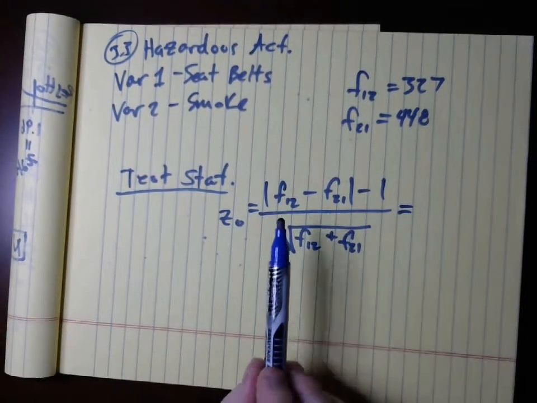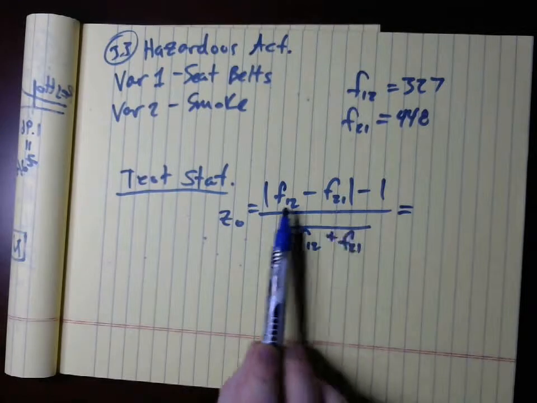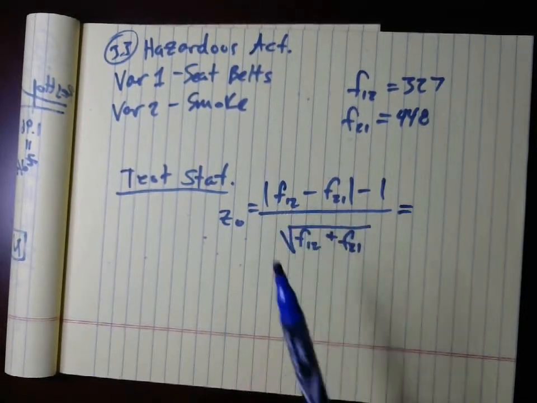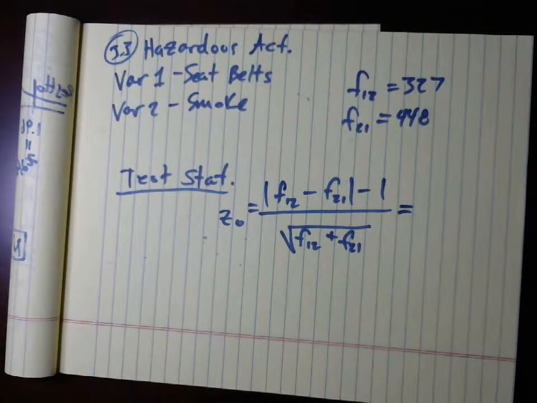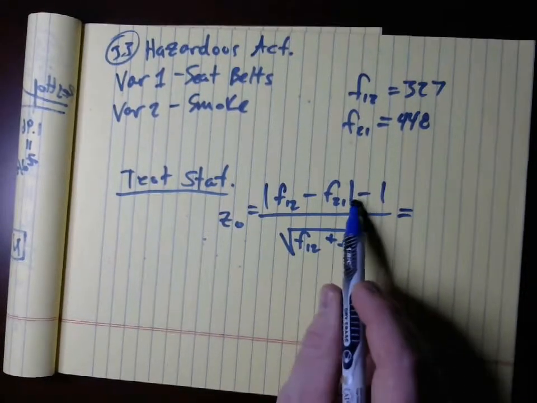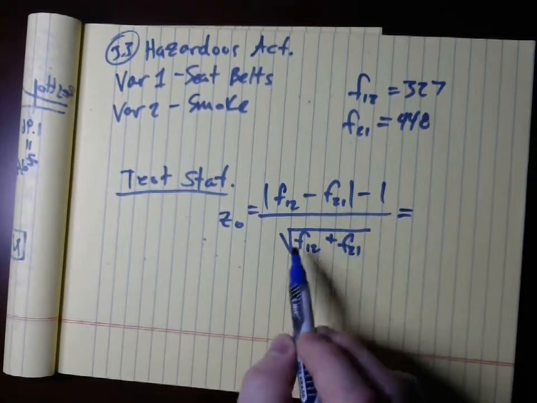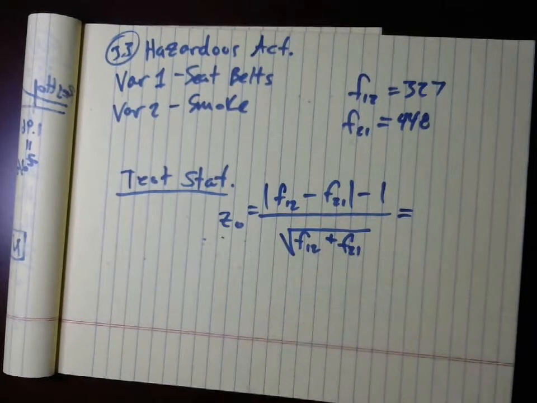Because if you think about it, if you take the difference here, chances are it's going to be a somewhat large number since we're doing counts. So this will be positive. Subtract 1, and then you divide by another positive number. So Z naught is always pretty much going to be positive.